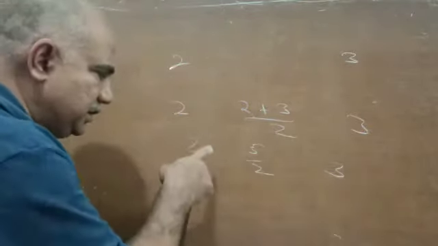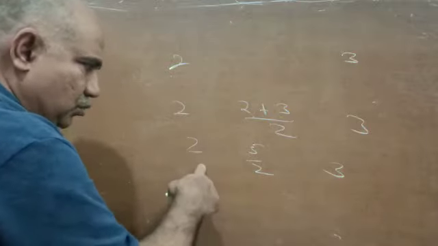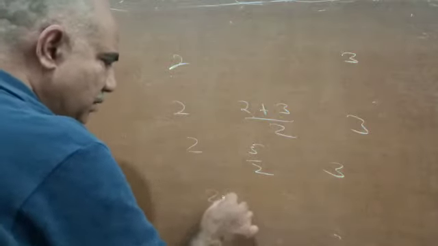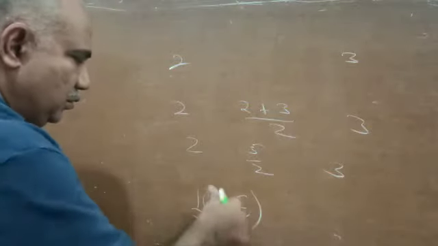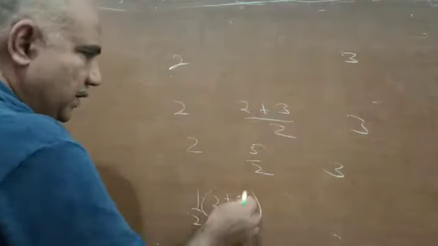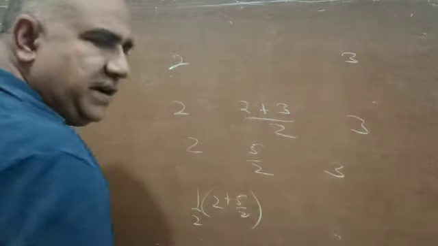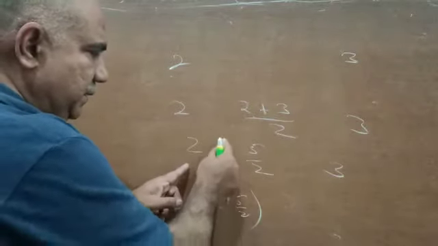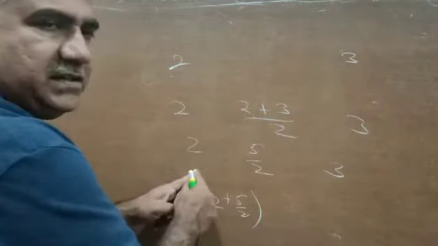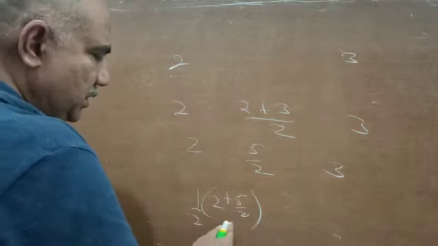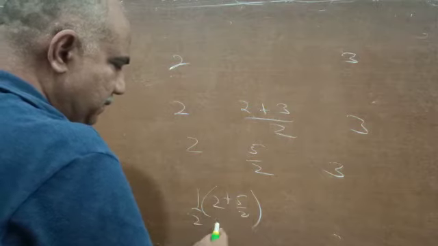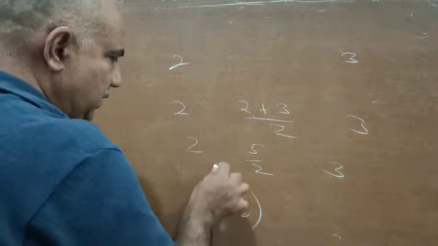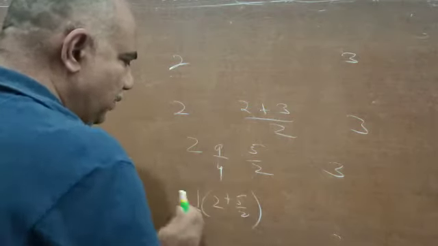Now if I want to insert one more number between 2 and 5 by 2, I will write 2 plus 5 by 2, add the numbers, and divide by 2. So this will come, 2 to the 4 plus 5, 9 by 4. So this becomes 9 by 4.